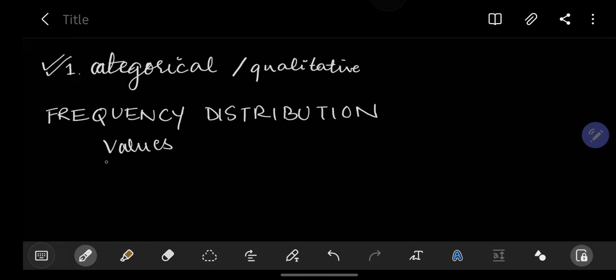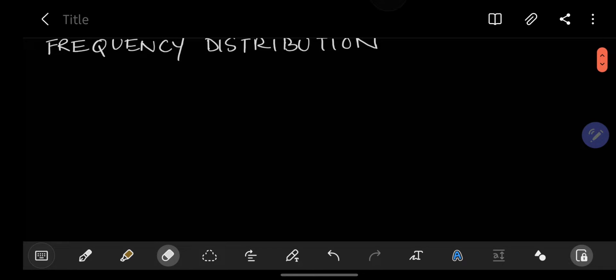Suppose we have a variable. Let me start off with an example. Let us suppose we are taking a categorical variable, education levels.